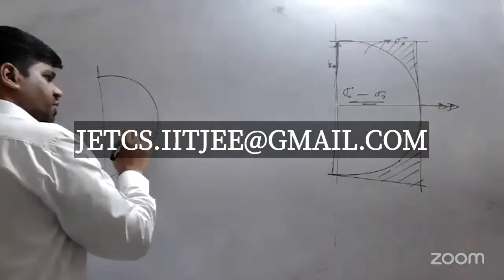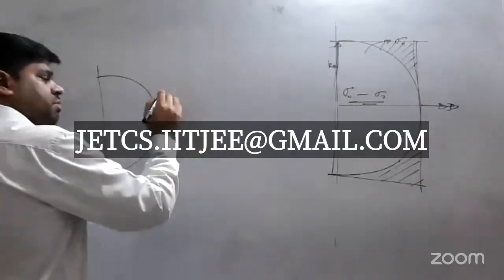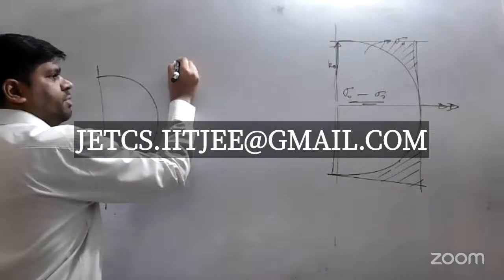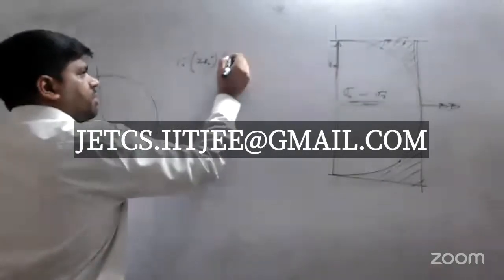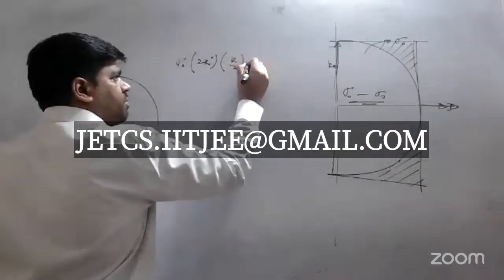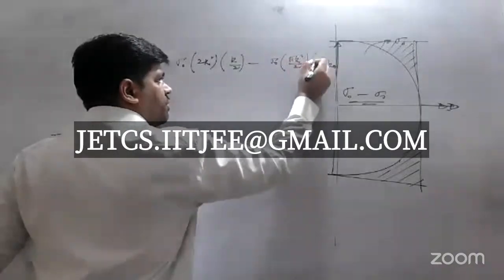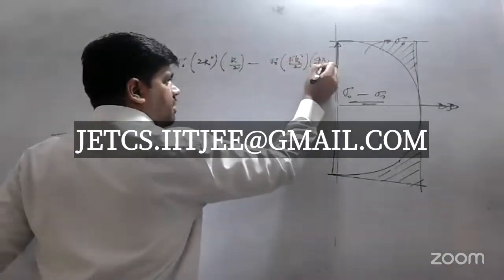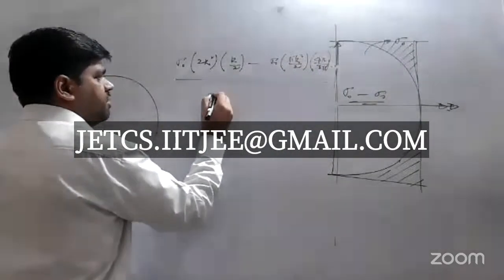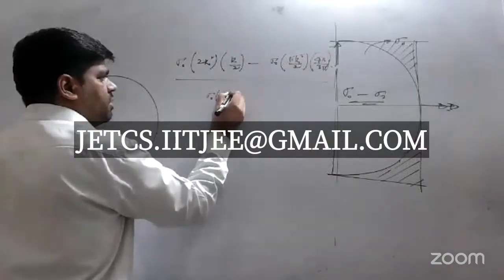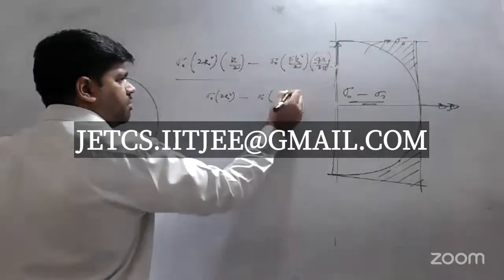So the center of mass is 4r by 3 pi. So I'll have sigma into 2r square into r by 2 minus sigma into pi r square by 2 into 4r by 3 pi, by sigma into 2r square minus sigma into pi r square by 2.